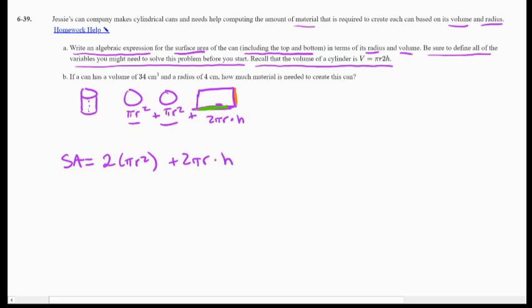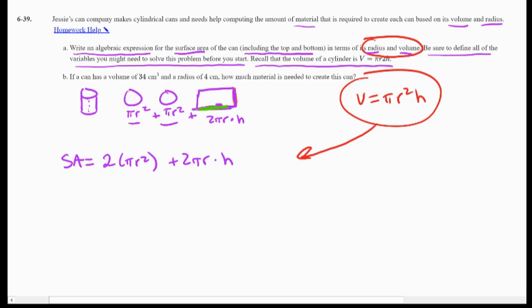And now, again, reading the question, I make sure I understand that I need it in terms of radius and volume. And so in this case, what I notice is that volume being pi r squared times h, I'm going to solve this for h and then plug it into my equation over here.